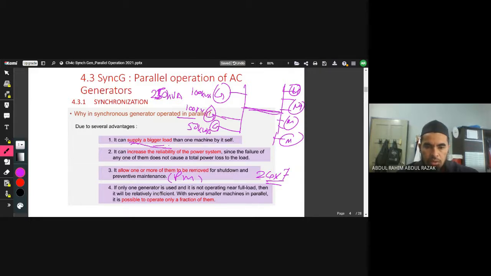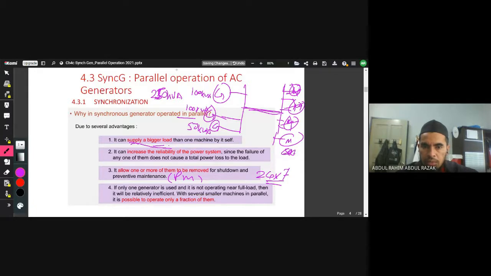If only one generator is used and it is not operating near full load, then there will be a relative loss of efficiency. If you have here 100 kVA and here 100 kVA, but at this time the load itself is under maintenance, so the remaining is 50 or 40 kVA.